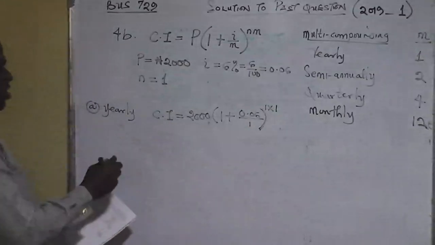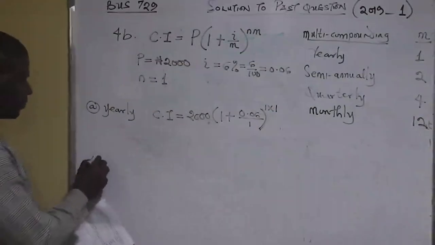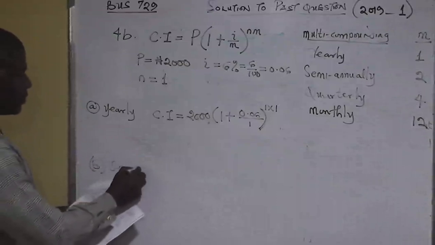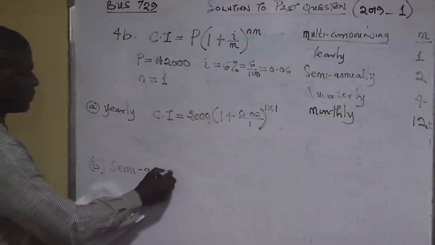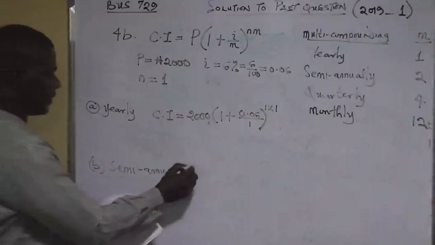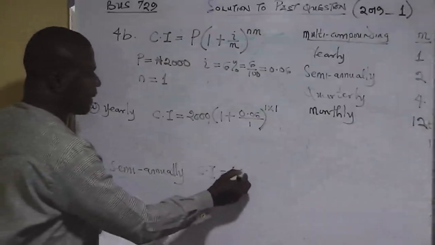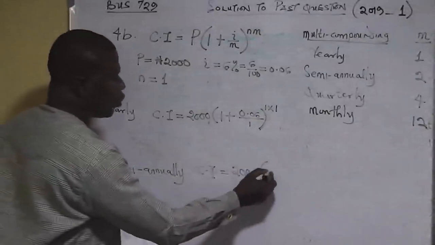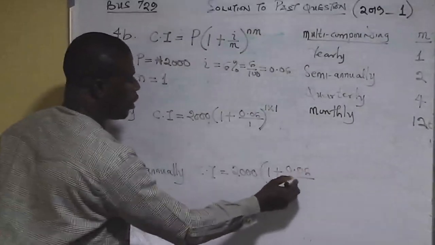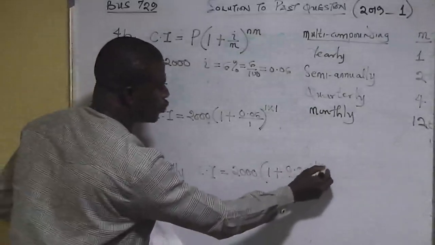But if you are talking about B now, which is semi-annually, our compound interest is going to be 2,000 into 1 plus 0.06 all over 2, raised to power 1 times 2.